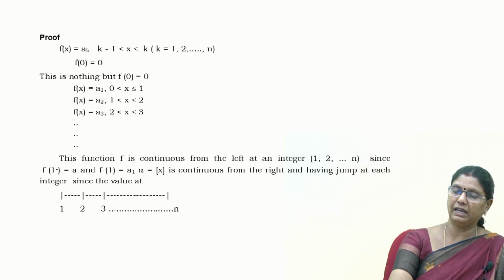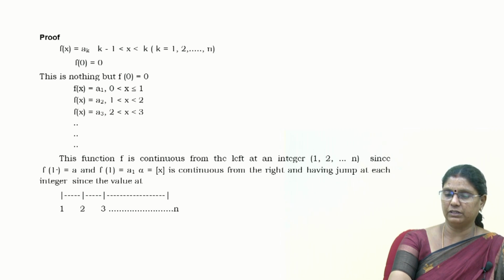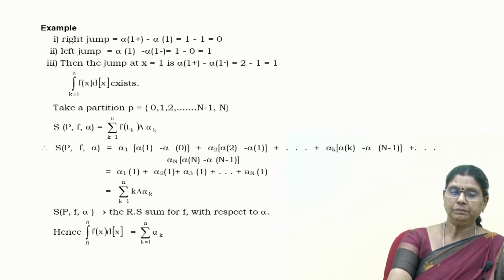Then this function f is continuous from the left at each integer from 1 to n, and α(x) = [x] is continuous from the right and has a jump at each integer. Here is an example for the jump at the right and the left hand side jump and so on, and the partition for the above one.